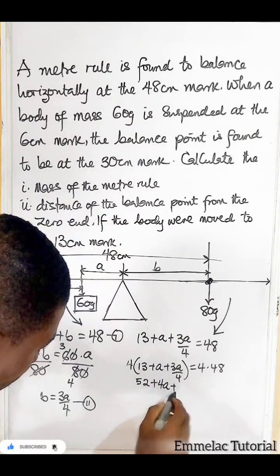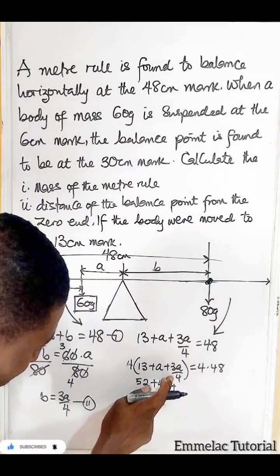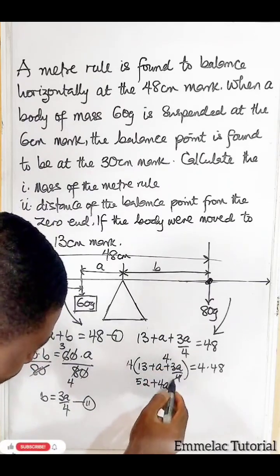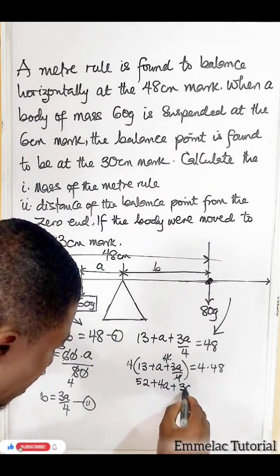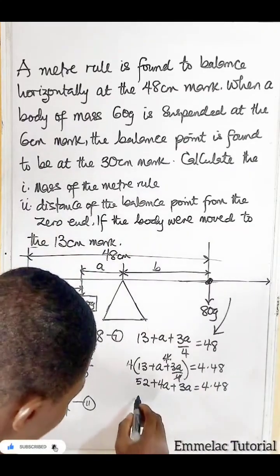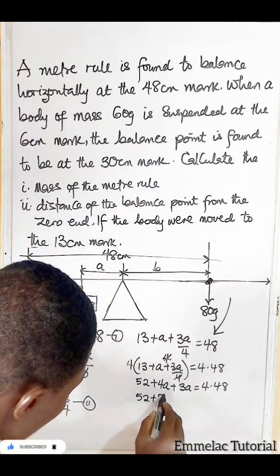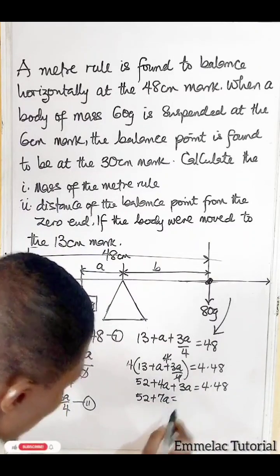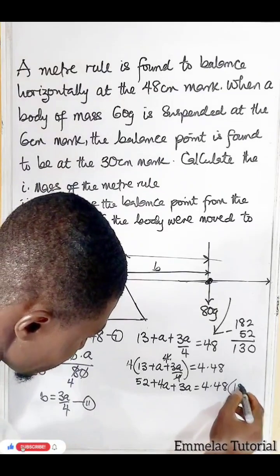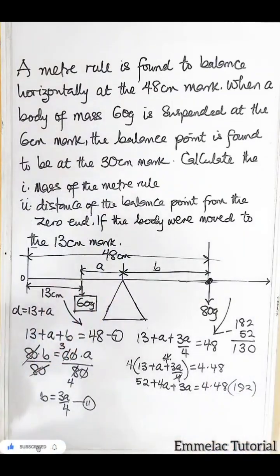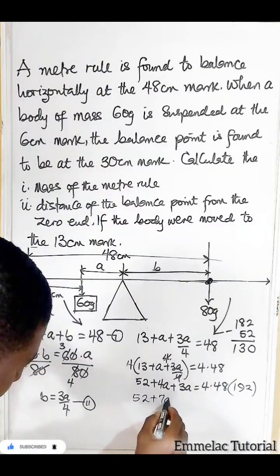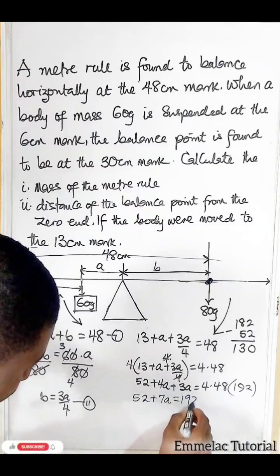So 4 times 13 here will give us 52, then plus 4A, then plus, now this 4 when multiplied by 3A over 4, this 4 will eliminate that 4, so we are left with 3A, then equals 4 times 48. So here we have 52 plus 7A equals 4 times 48, which will give us 192.